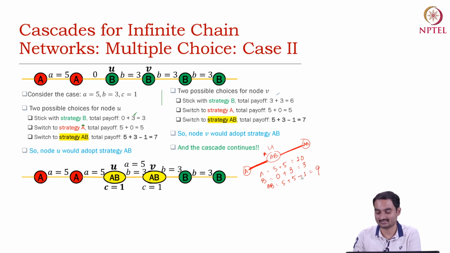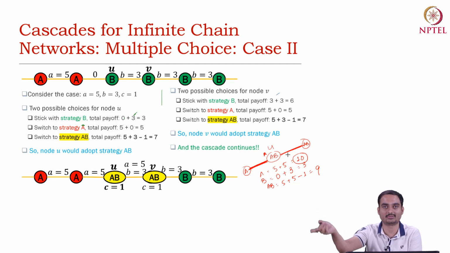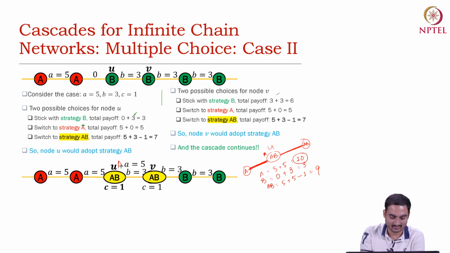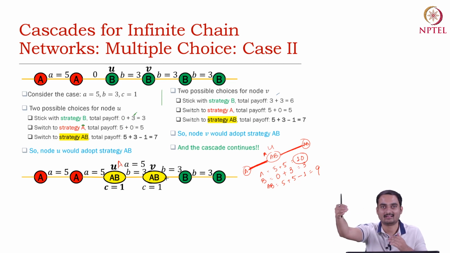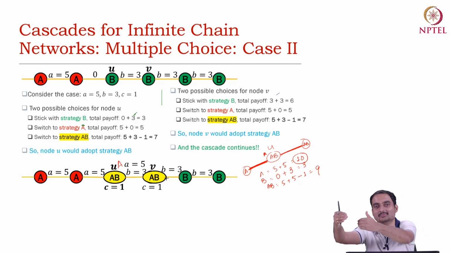Interestingly, see here carefully, the best strategy is A. So initially U switched from B to AB. Now when one of its neighbors has switched from B to AB, the node U will now switch from AB to A. So in the next iteration, this would be A. So AB will move, and behind AB, A will also move.